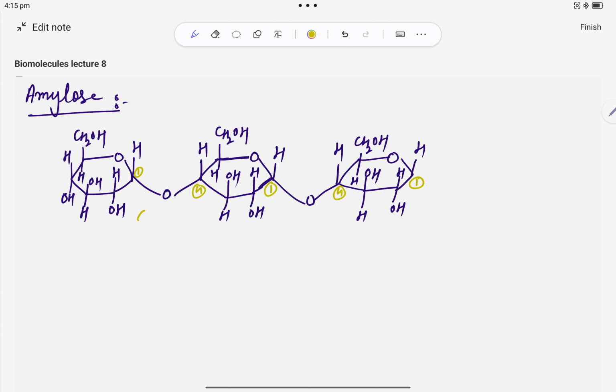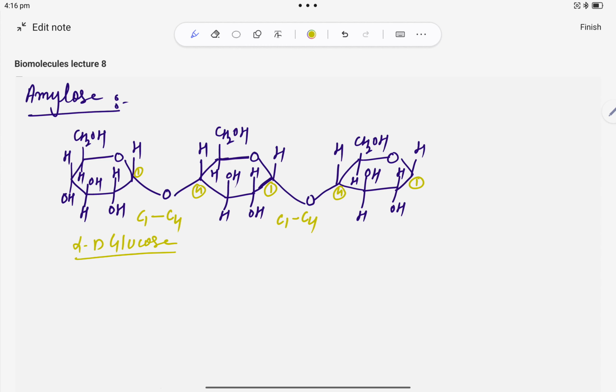So bond is formed between C1 to C4, C1 to C4, that is the amylose structure. I hope it is clear. These are the alpha D glucose units connected with C1 C4 bond, and the amylose structure is formed.